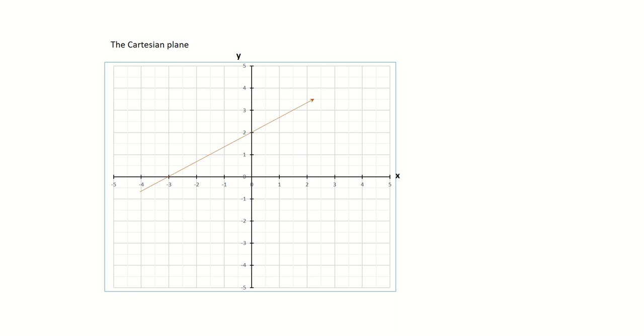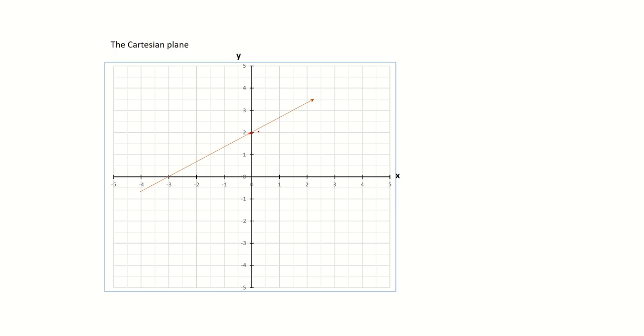So basically we are finding an equation of a straight line where we are given 2 points that are on the line. The point here is on the line, and the point here is also on the line.